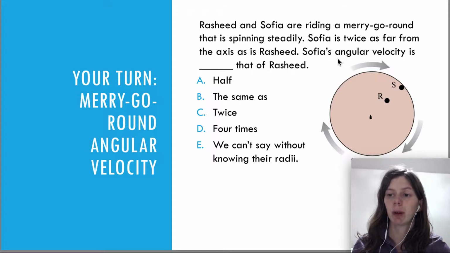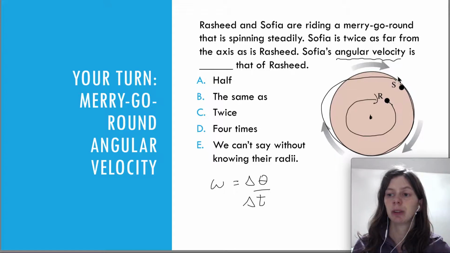But be careful because it says angular velocity. So we just learned the angular velocity is your change in angle per time. How fast are you rotating? No matter where they are, they're rotating at the same angular velocity because they're doing the same number of revolutions per second, so they're traveling the same angle per second.